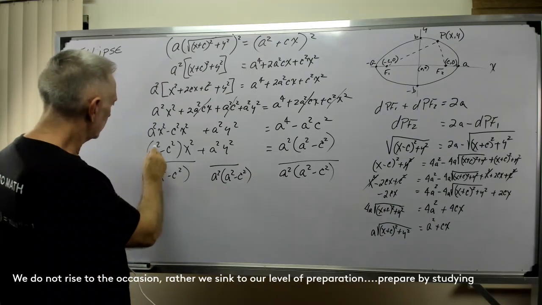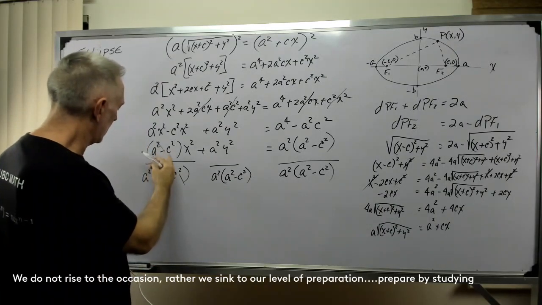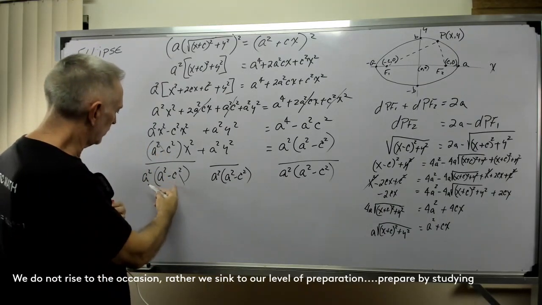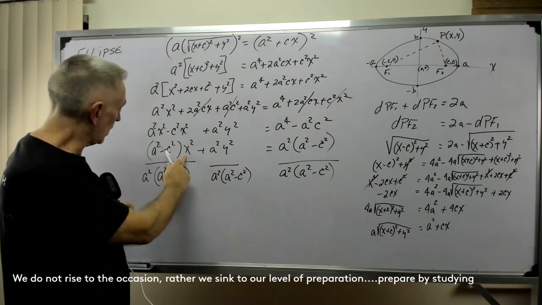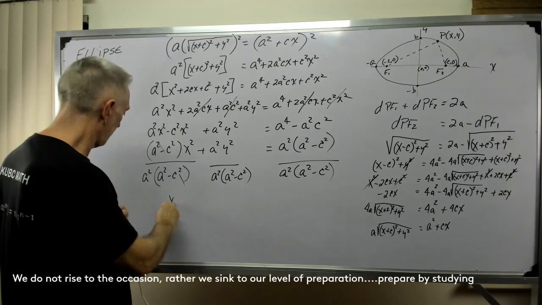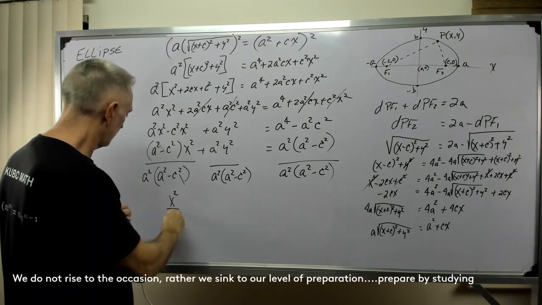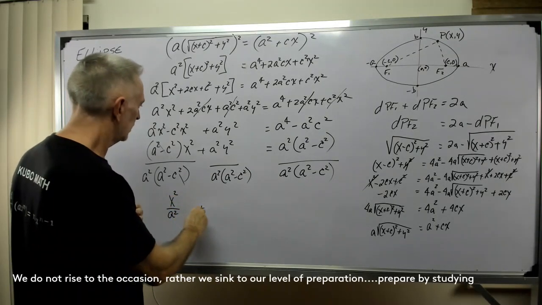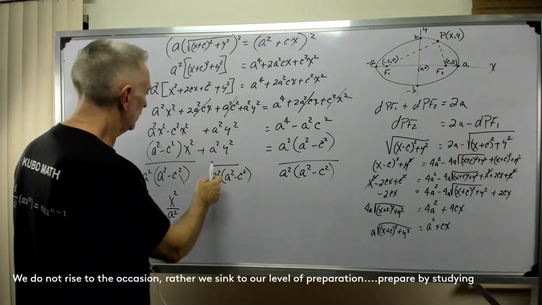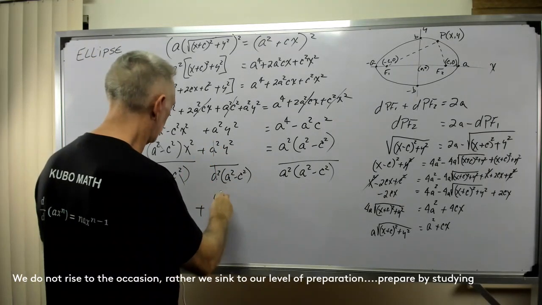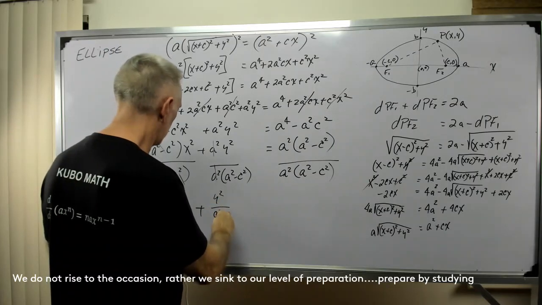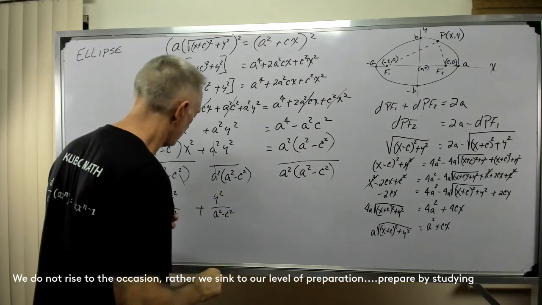Now you'll notice this one, the a squared minus c squared over itself, divides out to be 1, and I'm left with x squared over a squared. Plus, and this one, the a squares cancel, and I'm left with y squared over a squared minus c squared.